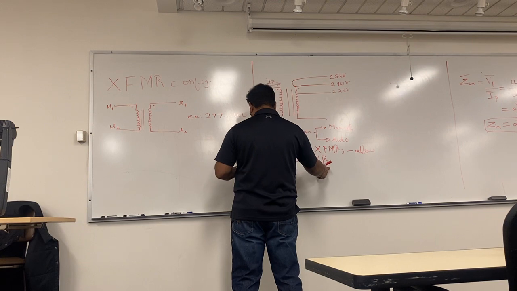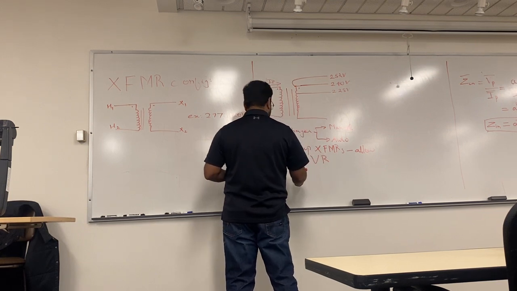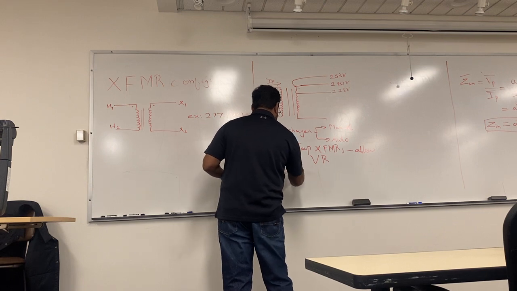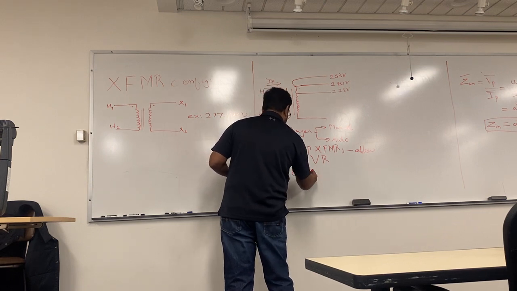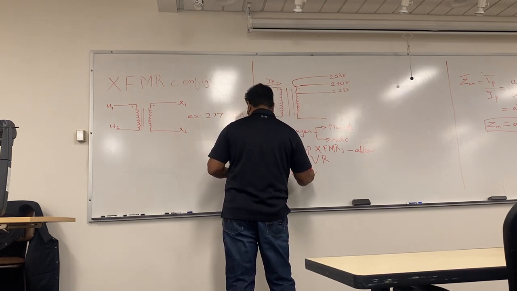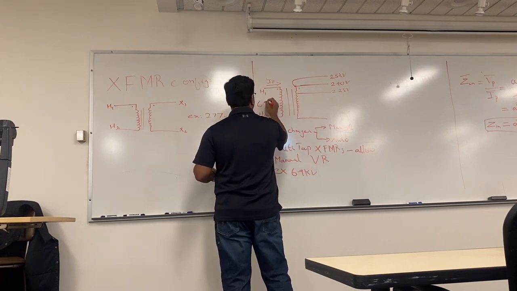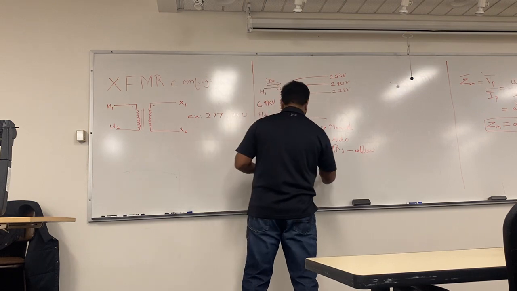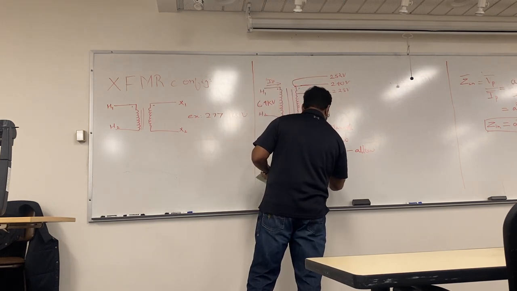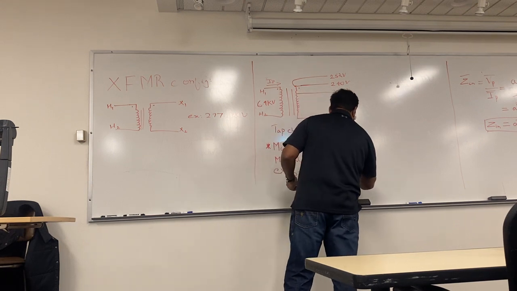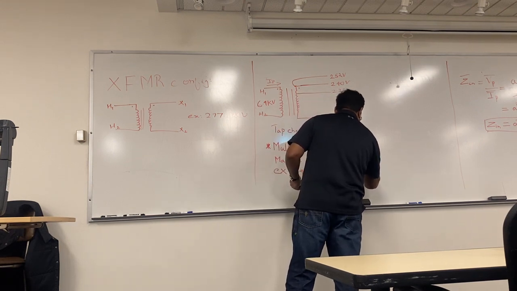VR stands for voltage regulation, and an example for this would be 6.9 kV on the high side. So this is 6.9 kV and 240 volt plus minus 5%.